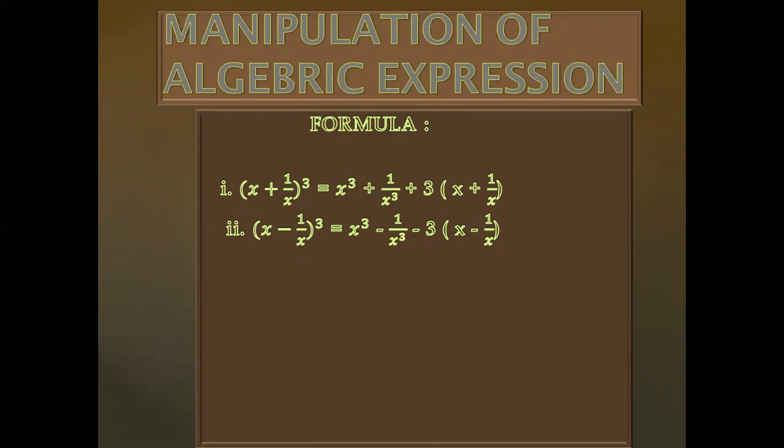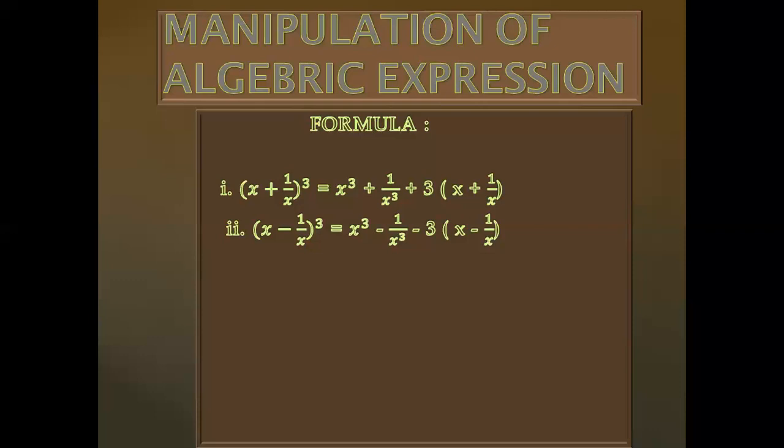Now these two formulas are also related with a plus b whole cube and a minus b whole cube. But the difference is that instead of a, we write here x, and instead of b, we put here 1 over x. Otherwise, all the formulas are the same. x plus 1 over x whole cube is equal to x cube plus 1 over x cube plus 3 into x plus 1 over x.